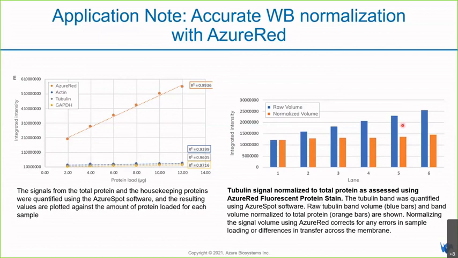But after you normalize it with the total protein signal intensity, the data is now very linear, because you're supposed to load a specific, exact amount. So you should get that kind of data. It will give you a very excellent agreement across the samples, with very low coefficients of variance, normalized values as low as 4%.